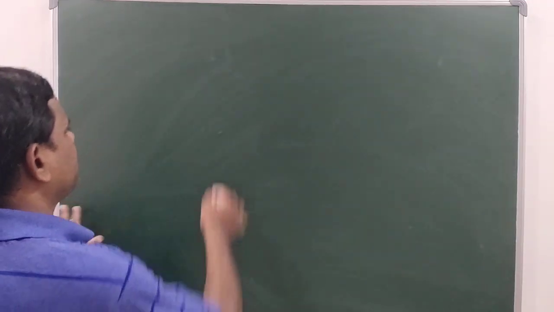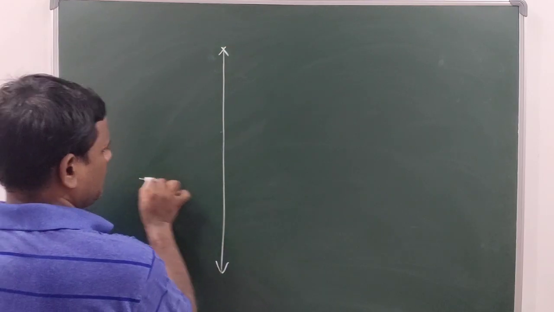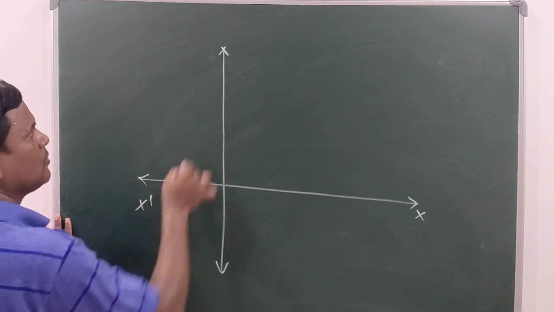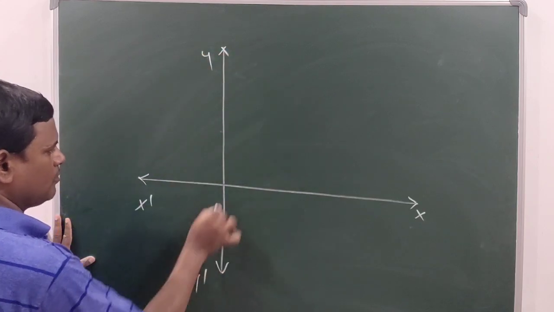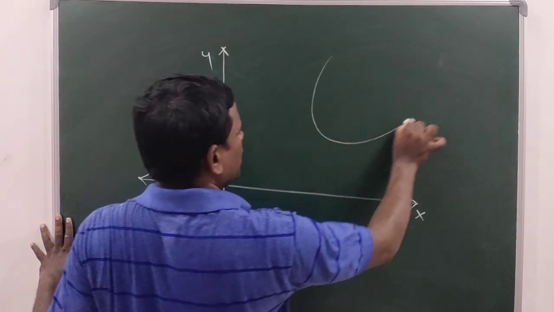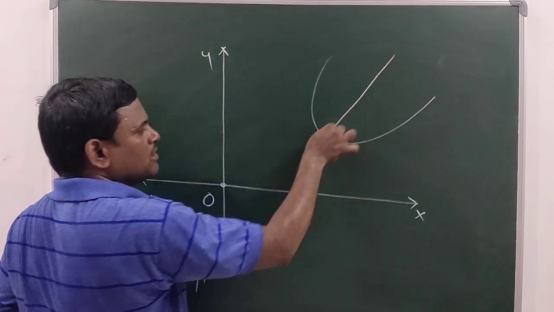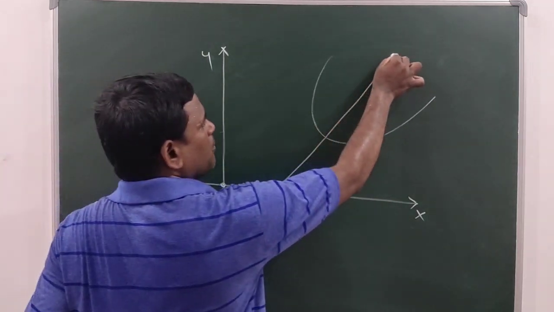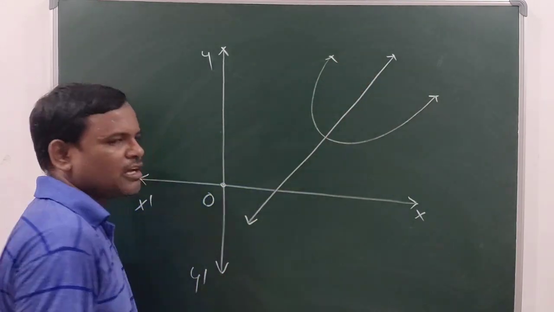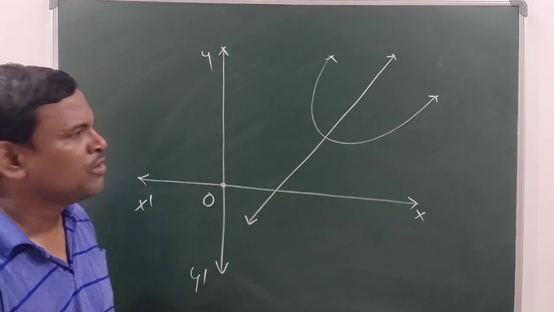See, sometimes your parabola may be like this. This is the axis of this parabola. Now, this axis is neither parallel to the x-axis nor parallel to the y-axis.